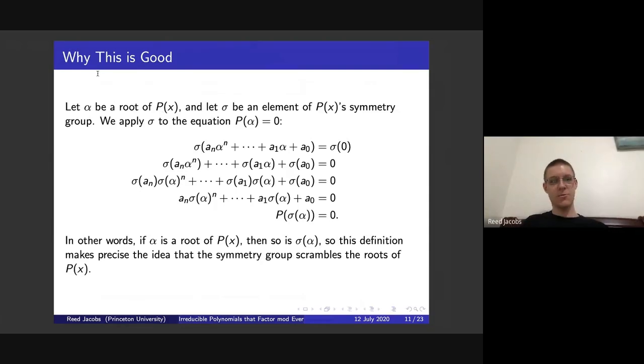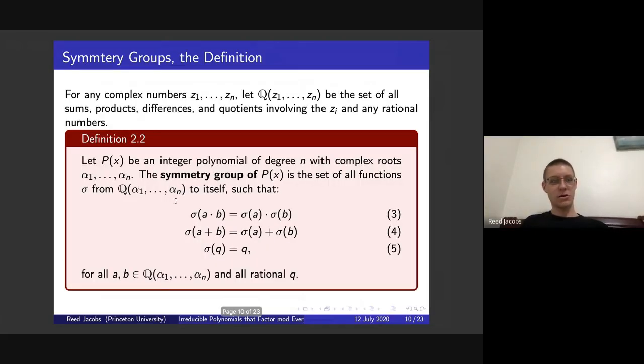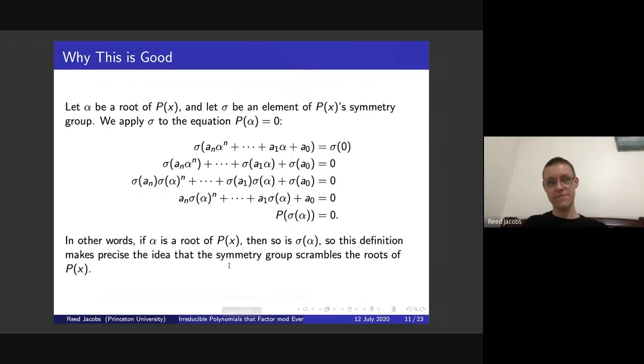So here we'll see why all these requirements are a good idea to impose on sigma. Again, you should keep in mind that all the equations I'm writing, at least here, are not equations I'm deriving, but things I want to impose on sigma. Let alpha be a root of P of x, and let sigma be an element of the symmetry group.